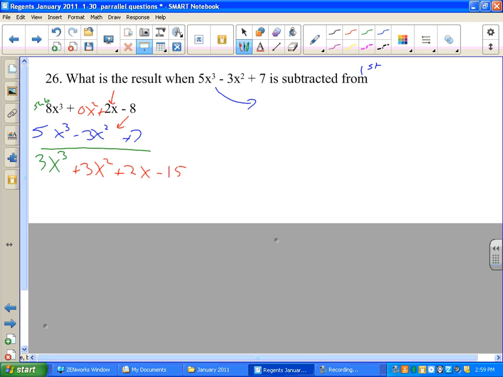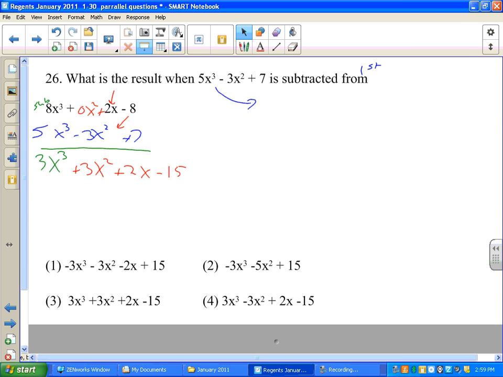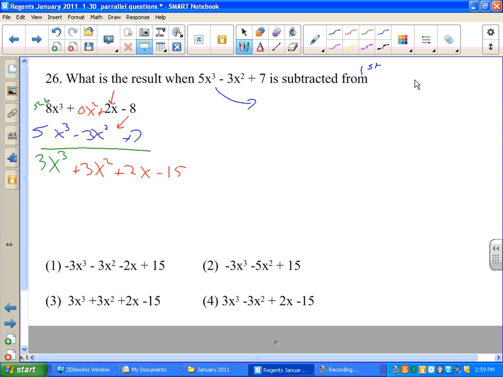So that's why when you're doing a problem, you should always check it right along. Let's see if that's our answer. Positive 3x cubed plus 3x squared plus 2x minus 15. It's choice number 3. We have to be careful with everything.